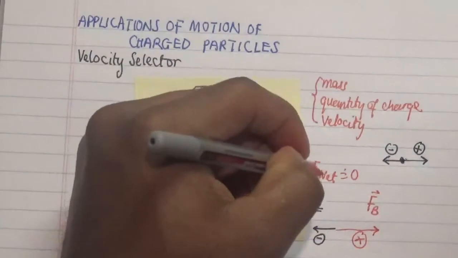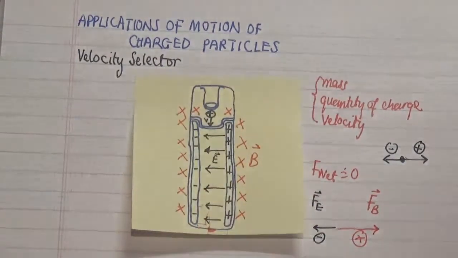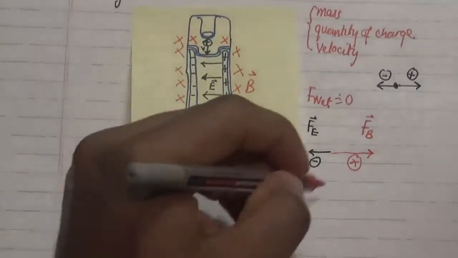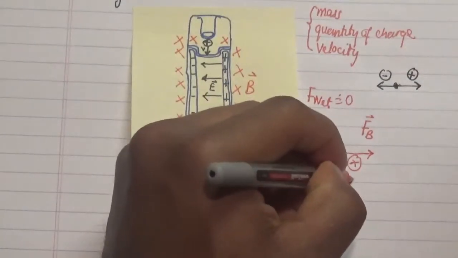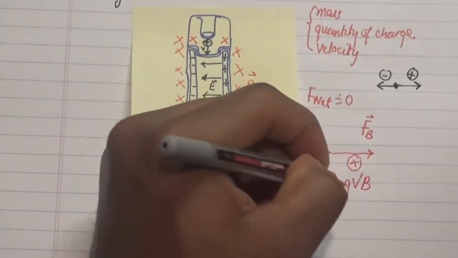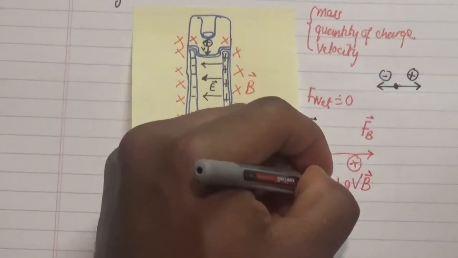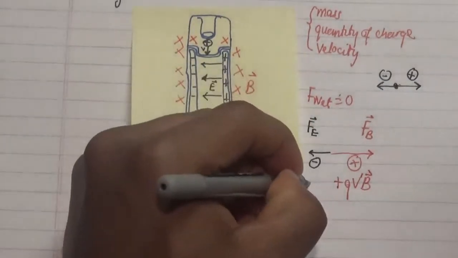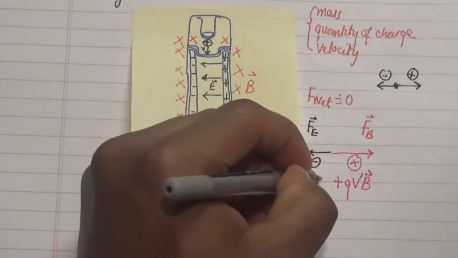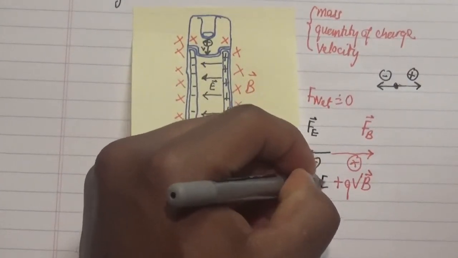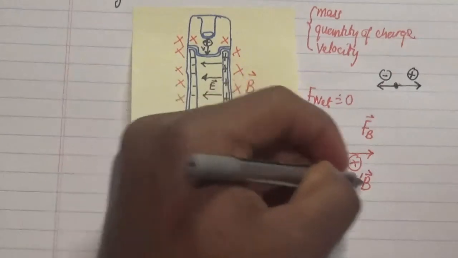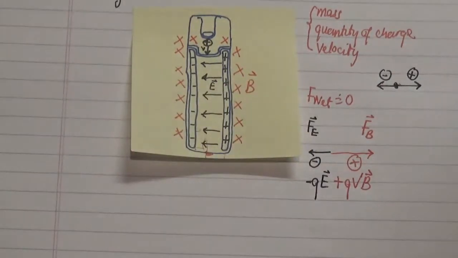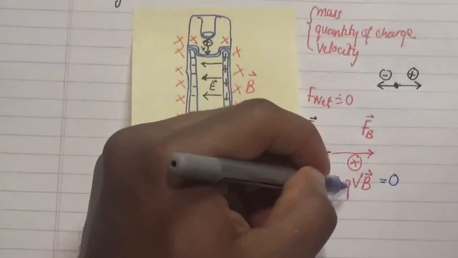So where our net force is equal to 0, our formula is qvB for our magnetic force, added with negative q, the quantity of charge, multiplied by our electrical field E, and this is equal to 0. Once this is equal to 0, we solve for our velocity.